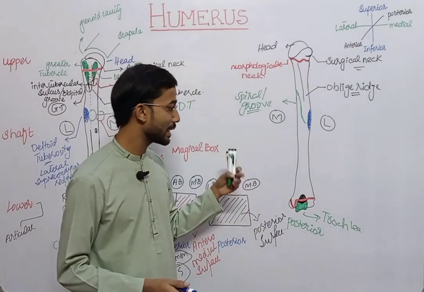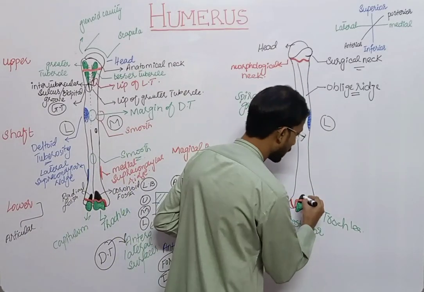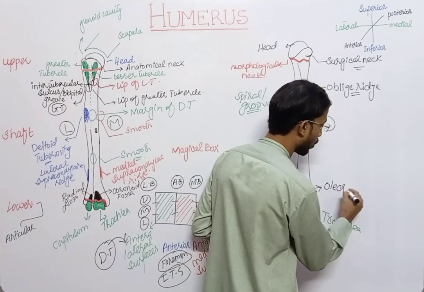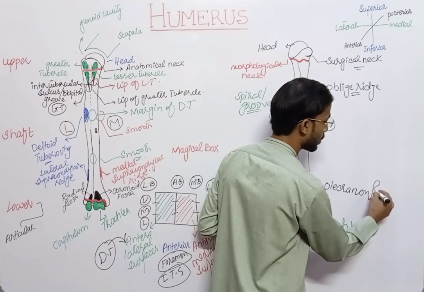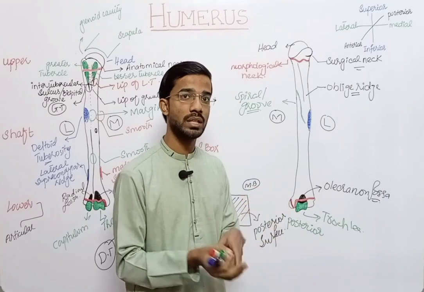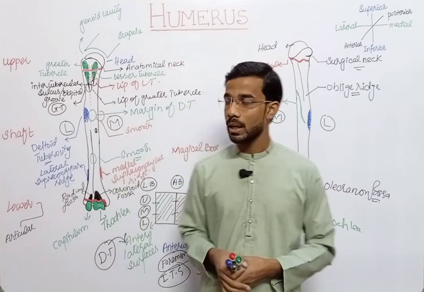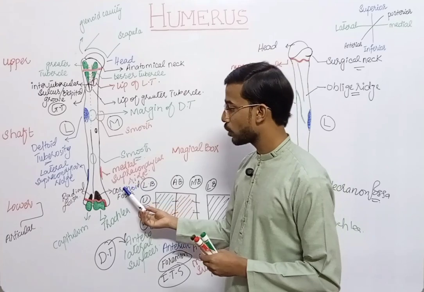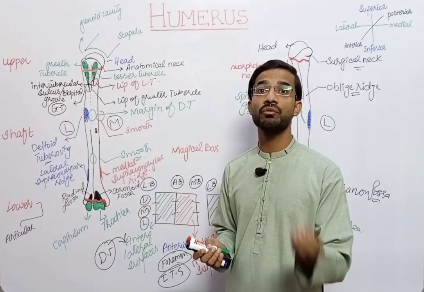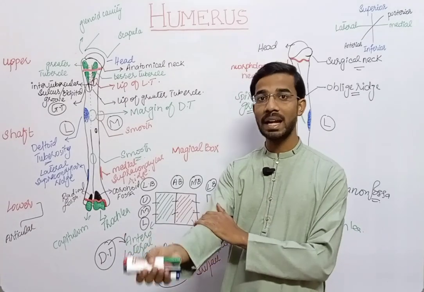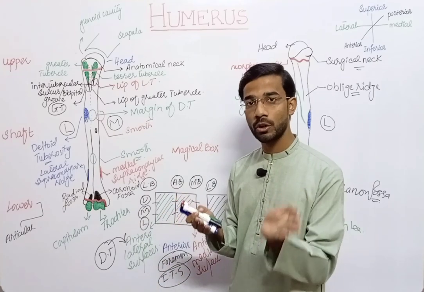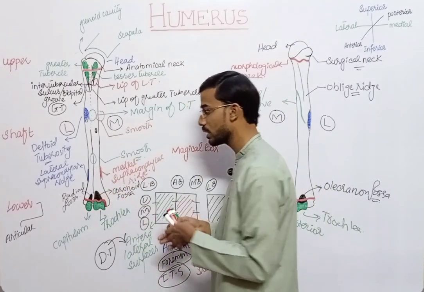But if we look at the posterior side, there is a third fossa which is called the olecranon fossa. These fossae are important in their role. Coronoid fossa will accommodate the coronoid process of the ulna when the arm is in flexed state.